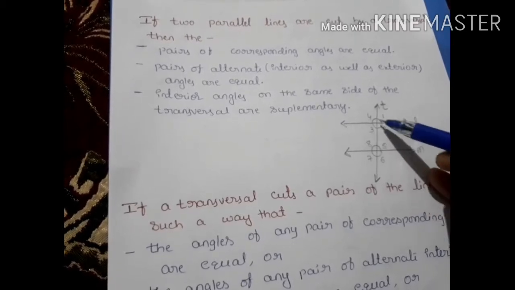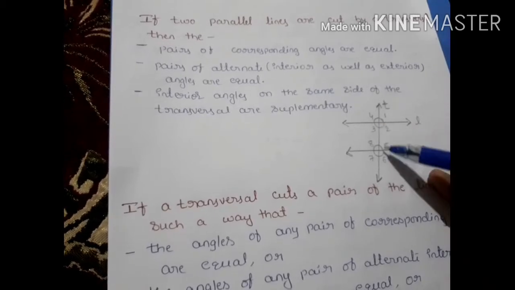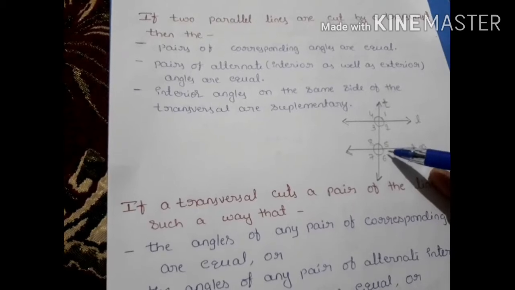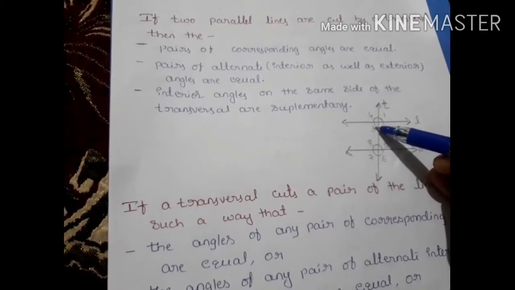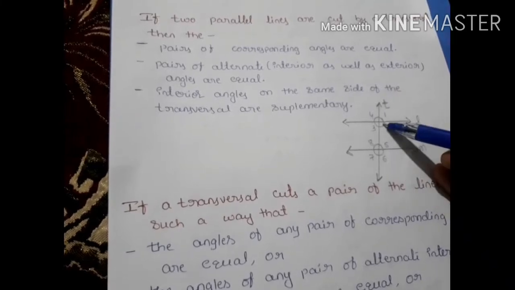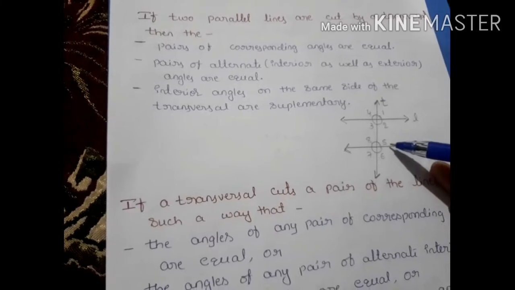Alternate interior means the angles are interior and opposite to each other. Angle 5 equals angle 3, and angle 8 equals angle 2. These are alternate interior angles, and they are always equal.